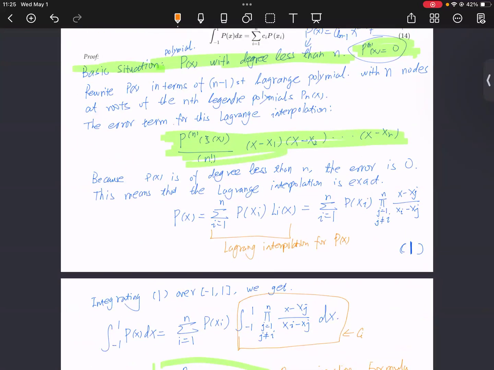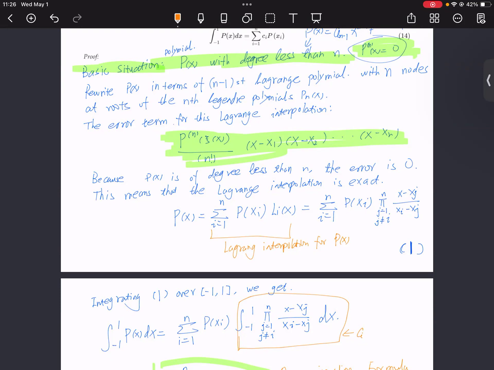The first part is to prove the formula is exact for the polynomial in the basic situation, that is, for p(x) with degree less than n. Because we are proving the precision is 2n minus 1, the basic case is that the formula is exact for polynomials of degree less than n.